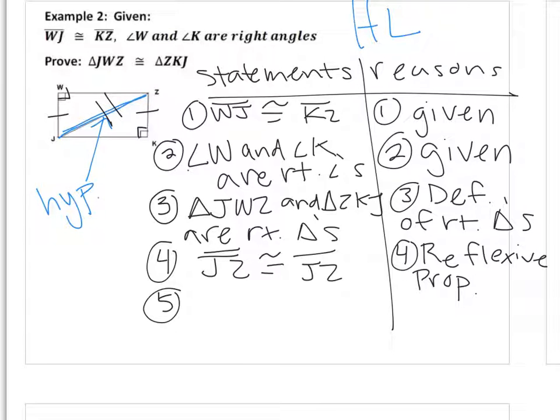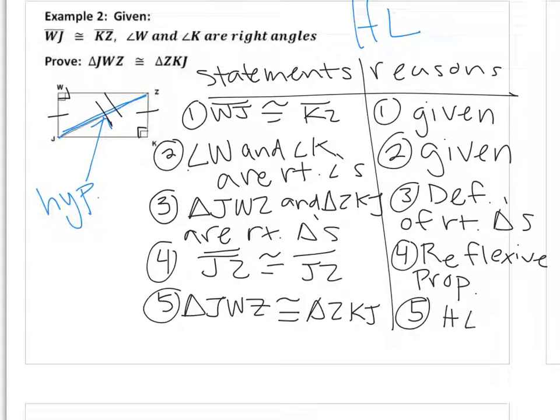Well, yes, I have a hypotenuse in a right triangle and a leg in a right triangle, so I can say the triangles JWZ is congruent to triangle ZKJ because of hypotenuse leg. So if you notice, the only step that is different is that step number 3. Alright, let's look at another one.